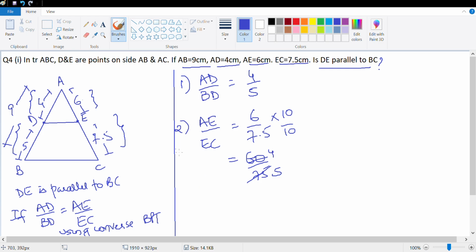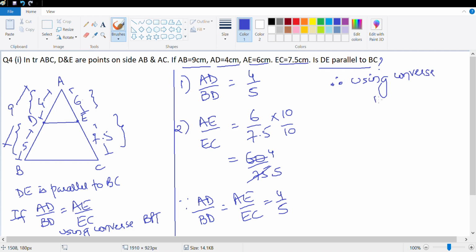So the ratio is the same. Since AD upon BD is equal to AE upon EC is equal to 4 upon 5, therefore, using converse of basic proportionality theorem, DE is parallel to BC.